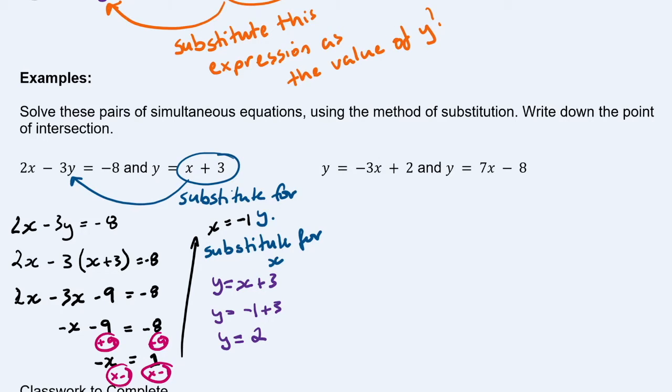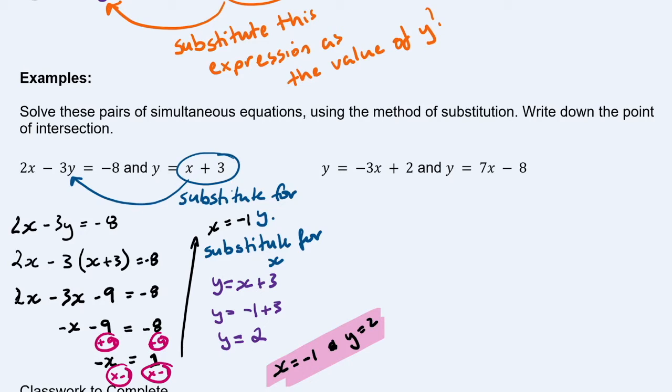So our answer here is x equals minus 1 and y equals 2. And there, ladies and gents, is our answer.